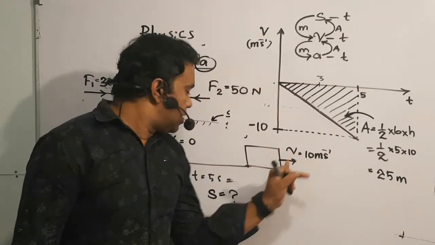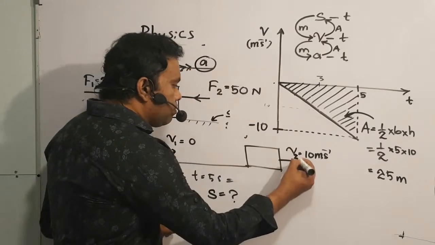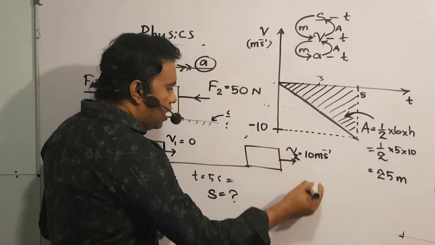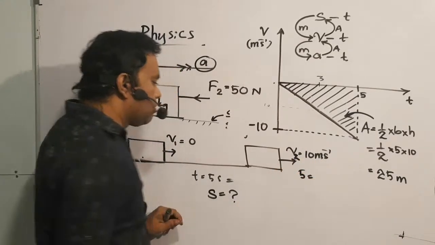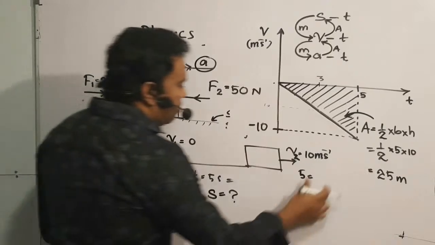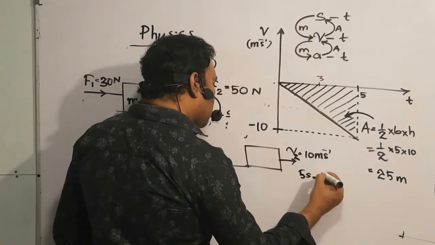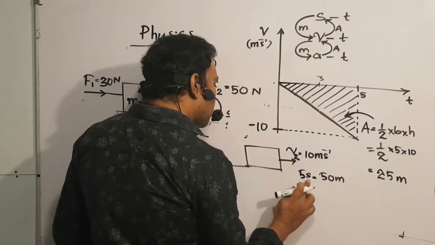If you use this V2 value 10 meters per second, තප්පරයට මීටර් 10 නම් තප්පර පහේදී within 5 seconds of time, this object displaces 50 meters.